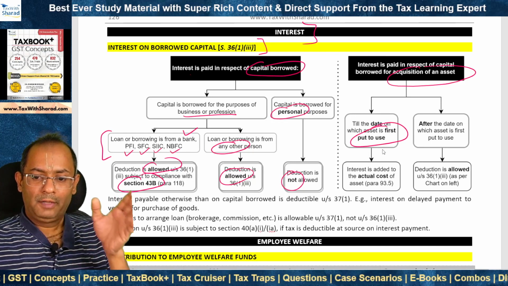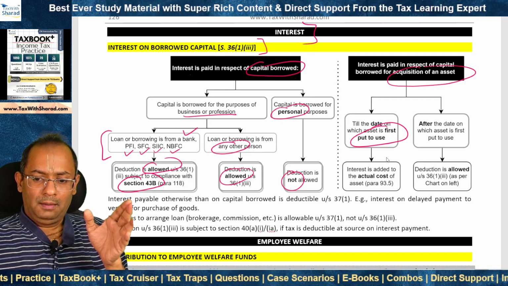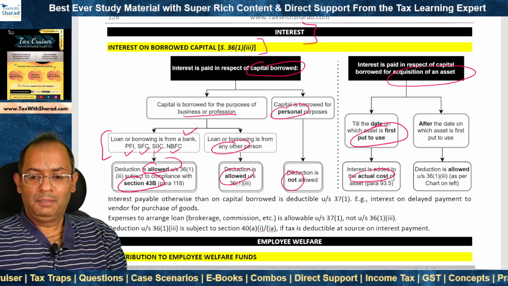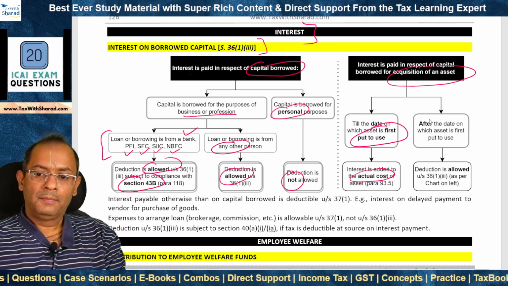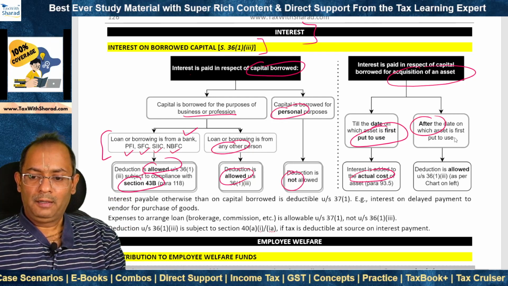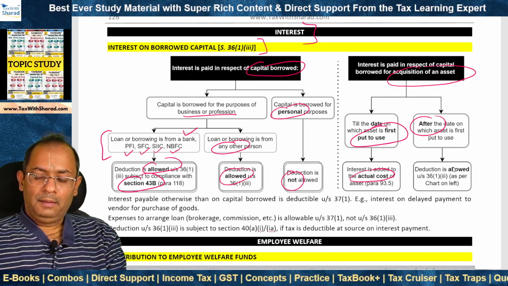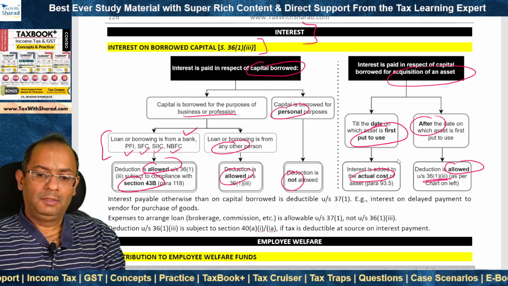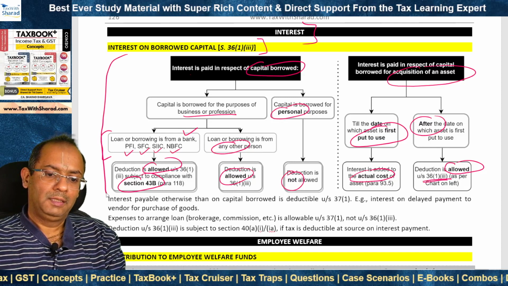Till that date, whatever interest is computed, it is added to the actual cost, and then depreciation becomes allowable on that actual cost. After this date, whatever interest may be, it is not added to the actual cost, rather deduction is allowed under this provision 36(1)(iii) as per these provisions that we have discussed.